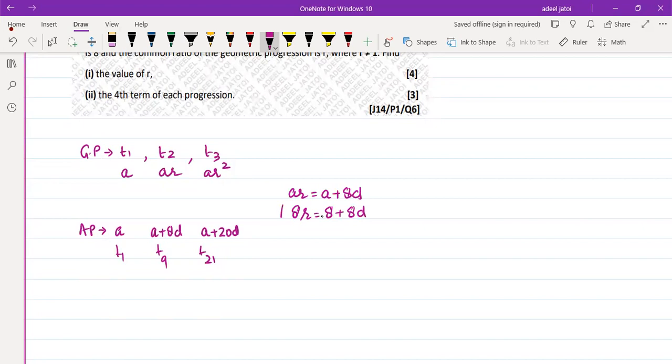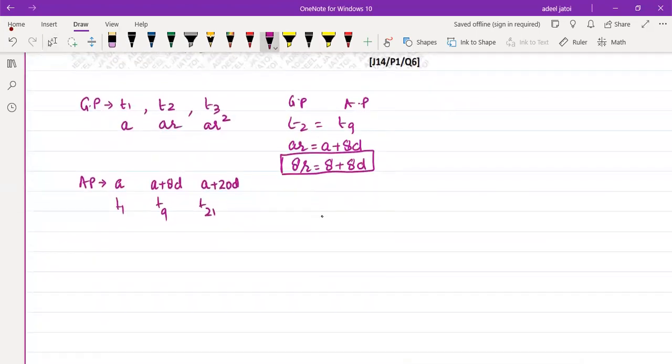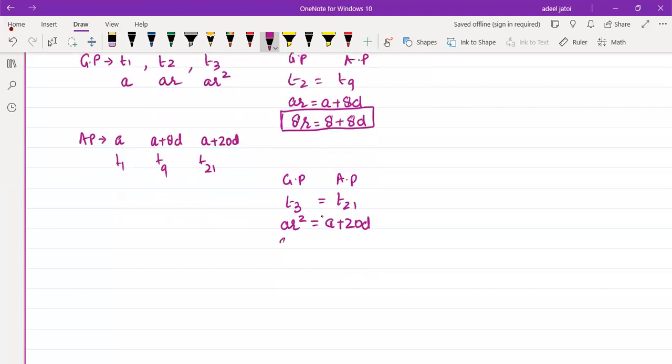This becomes our first equation, from T2 of the GP equal to T9 of the AP. Similarly, T3 of the GP equal to T21 of the AP: AR square is equal to A plus 20D, so 8R square is equal to 8 plus 20D. We need to find D, or we need to find R.